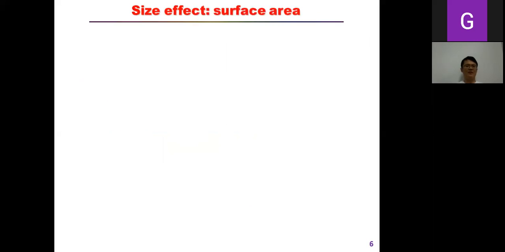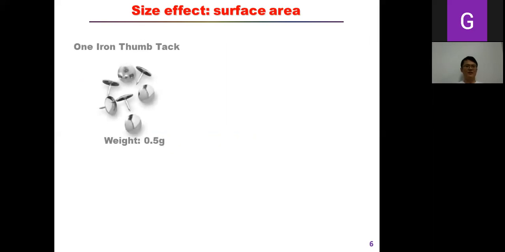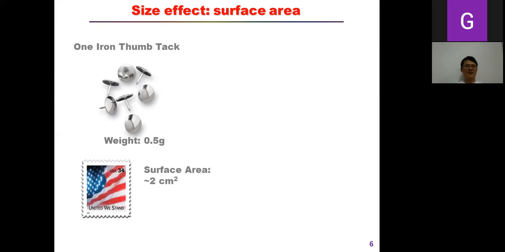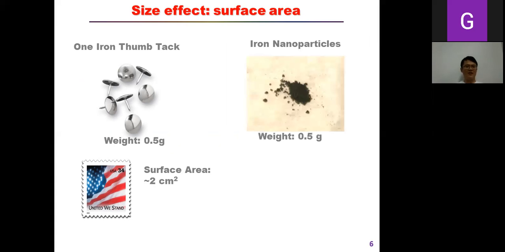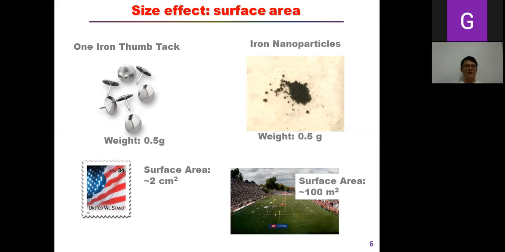For instance, 7 iron sugar tablets with 0.5 gram have a total surface area of about 2 square centimeters. However, if 0.5 gram of iron is made into nanoparticles, the total surface area of these nanoparticles is about 100 square meters.